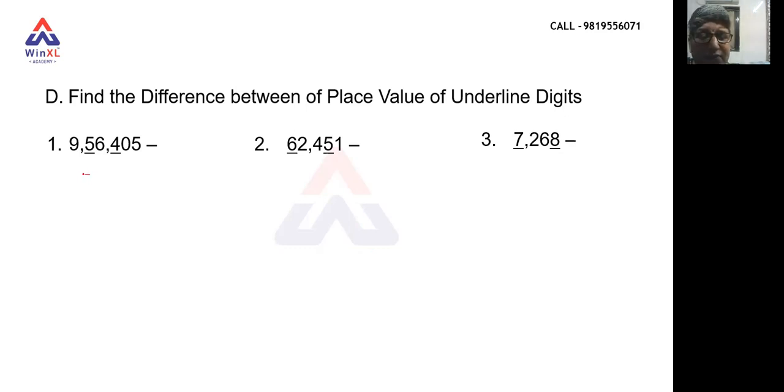Here is 5, and write 4 zeros in front of 5. Minus, as they ask us the difference, 400. And here we just do the subtraction.